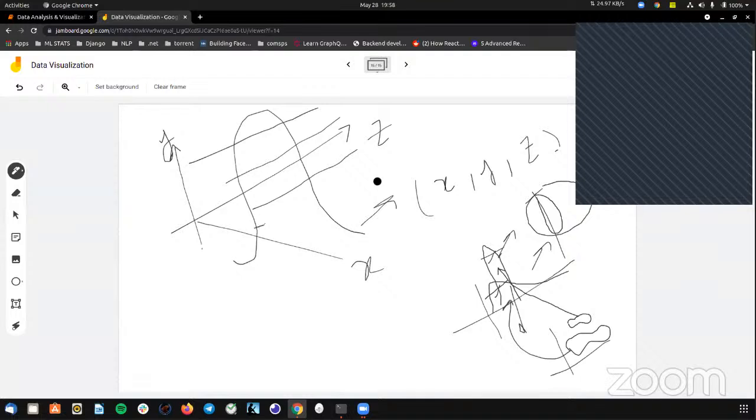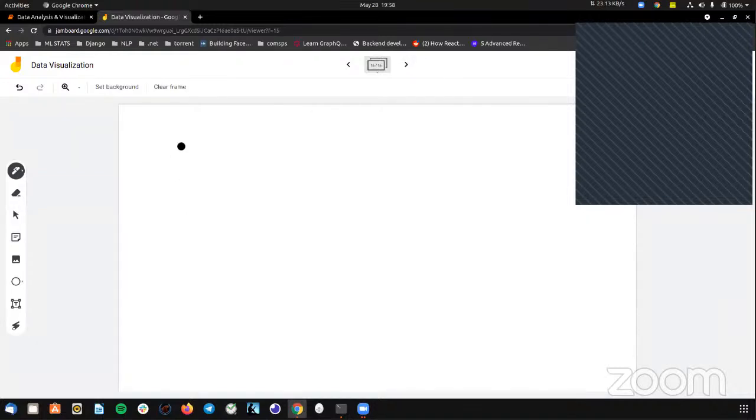The moment you slice it, since it was on the 3D plane that you can't visualize on a 2D plane, to make it 2D you just have to slice it. And the plot that you get on the XY plane will be somewhat like this.